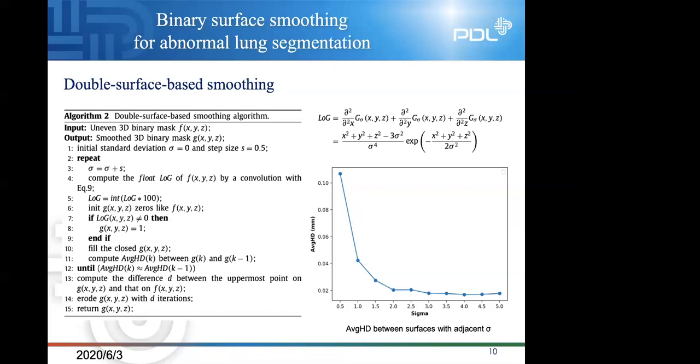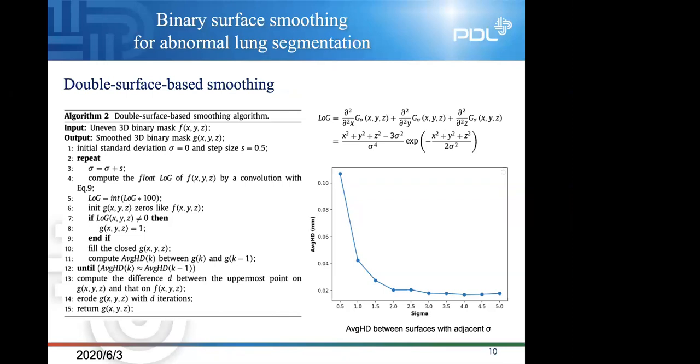We extend the Laplacian of Gaussian to 3-dimensional space. After performing 3D LoG on the 3D lung mask, a double surface effect is generated instead. Similarly, the pixel values of the bright surface are positive, those of the dark surface are negative, and those outside the double surface are all 0.